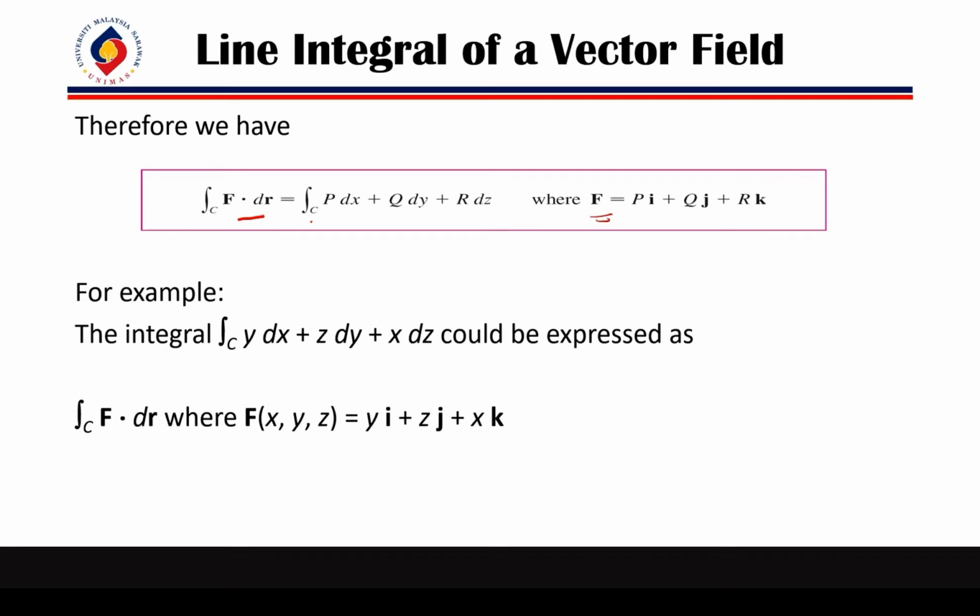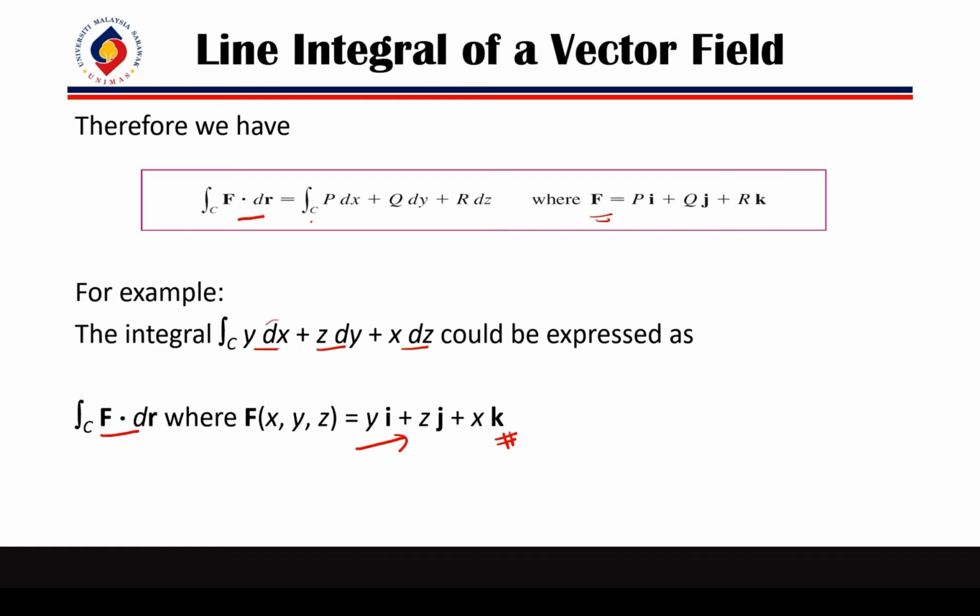So the integral along the curve C for this example, let's say y dx, z dy, and x dz, could be expressed as F dot dr, where F(x, y, z) we can express in vector form. So you have to know how to identify.